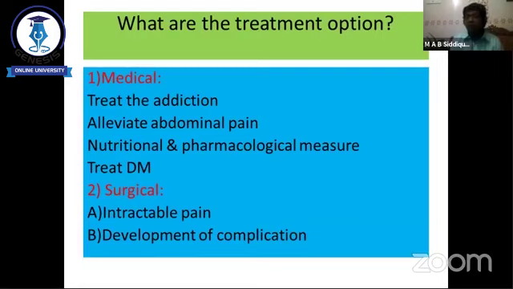Nutritional measures are needed because the patient has malnutrition due to exocrine loss of function, and also treat the diabetes if the patient develops diabetes. For surgery, there are two indications: intractable pain and development of complications. If these happen, then the option is surgical.